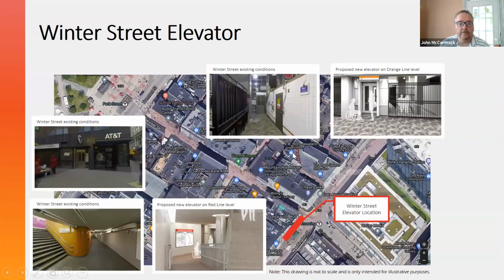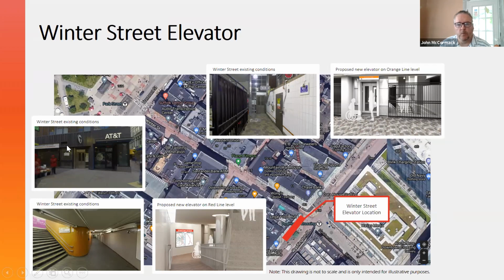Okay, our third elevator is the Winter Street elevator. Some of you may be familiar with the existing elevator that takes you down from the street to the unpaid area of the Winter Street concourse, directly adjacent to the Forest Hills platform, the southbound platform for the Orange Line.